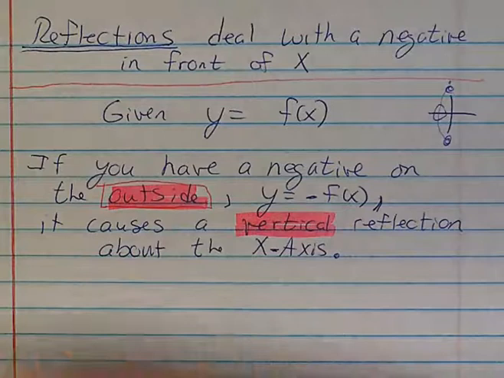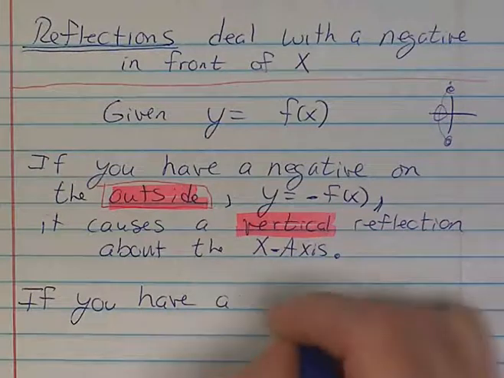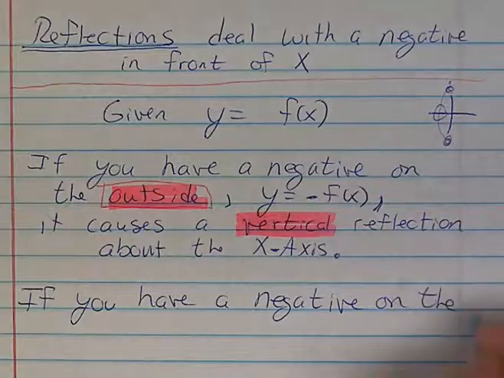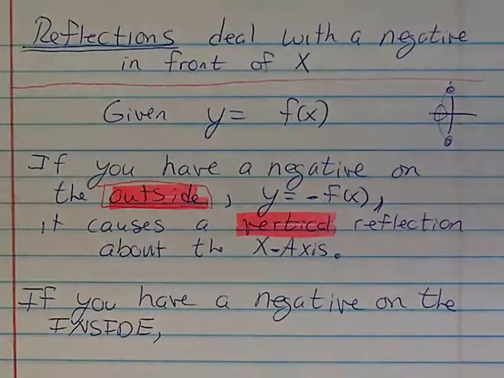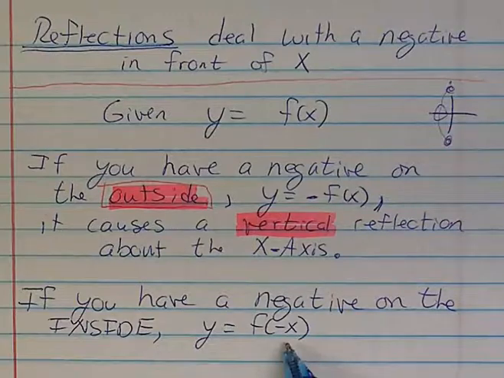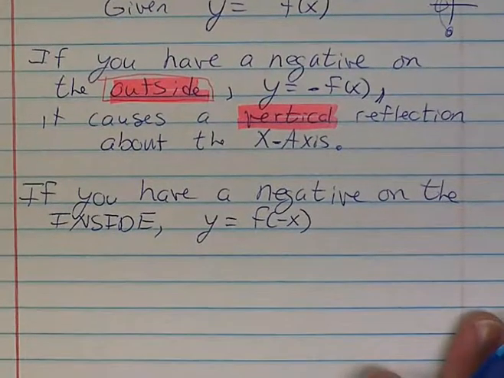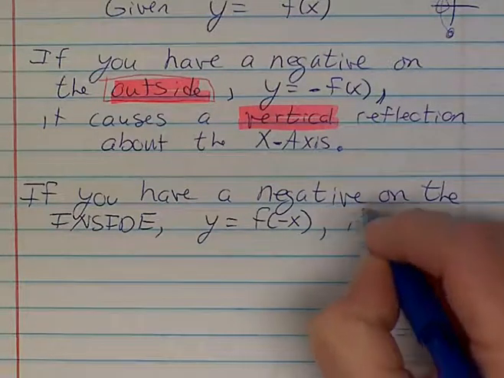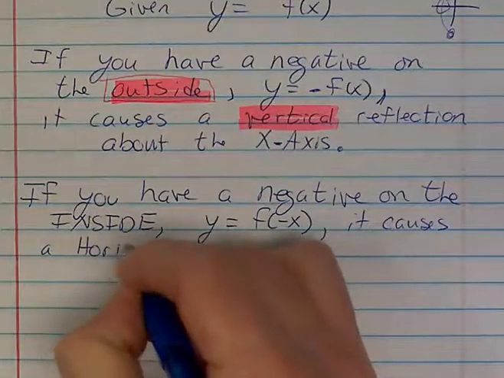Same thing on the flip side: if it's on the inside, in this case on the inside of the parentheses, where over here it was on the outside of the parentheses, if you have a negative on the inside, it causes a horizontal reflection.